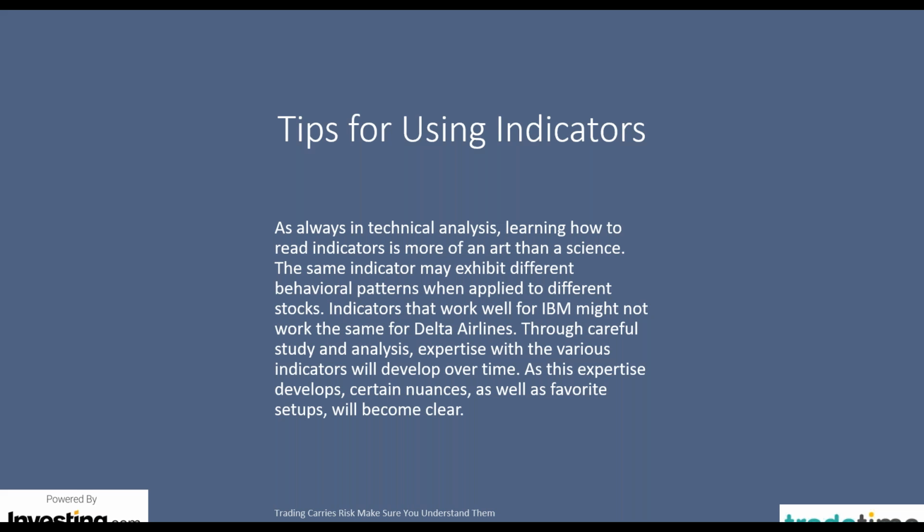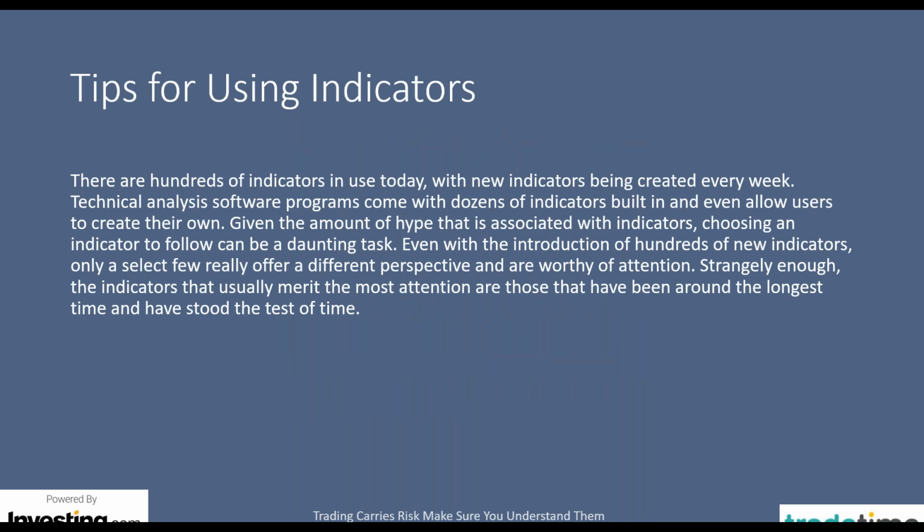You might find assets that range holds, but it might be better at 75 and 25, or that the market overall for that particular asset or asset range could have different nuances for the current market. So through careful study and analysis, expertise with various indicators will develop over time. As this expertise develops, certain nuances as well as favorite setups will become clear.